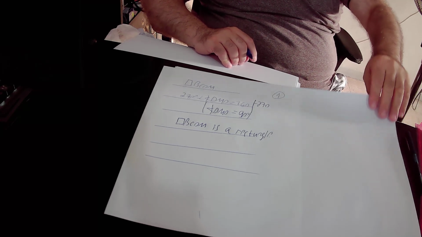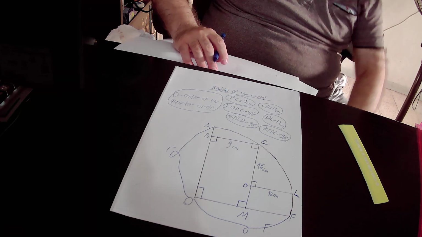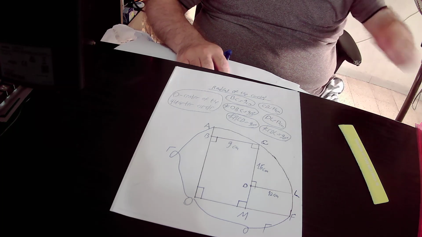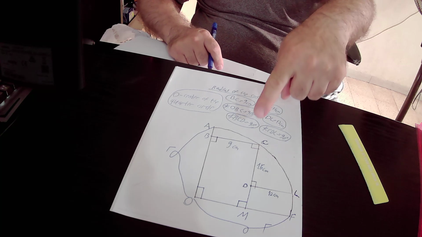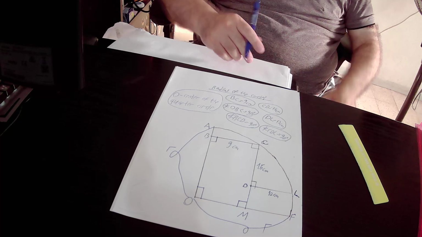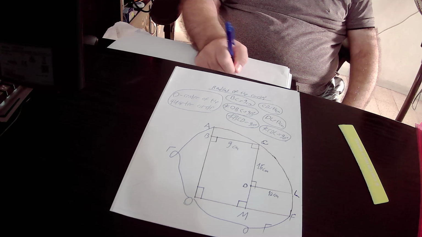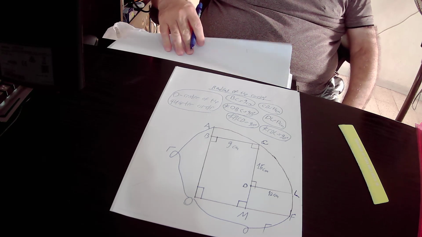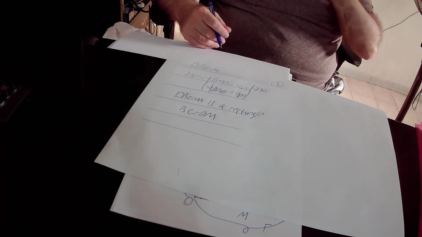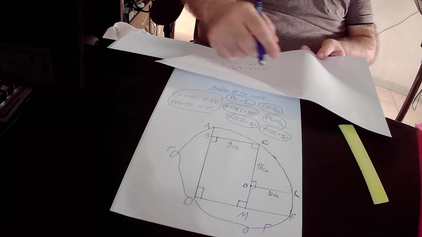And we know that the opposite sides of a rectangle are equal to each other. That is to say, in rectangle BCOM, side BC must be equal to side OM. But according to what is given in the question, side BC equals 9 units.